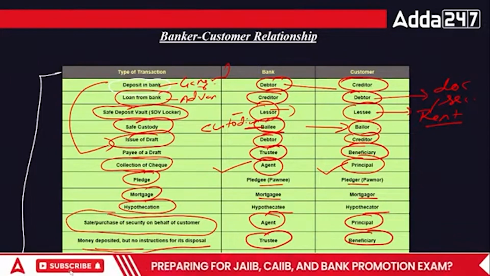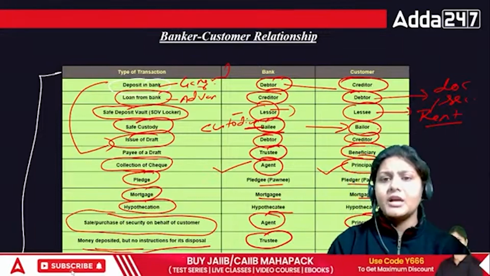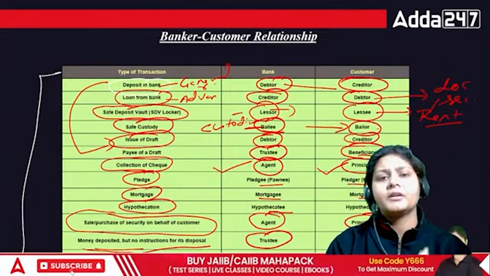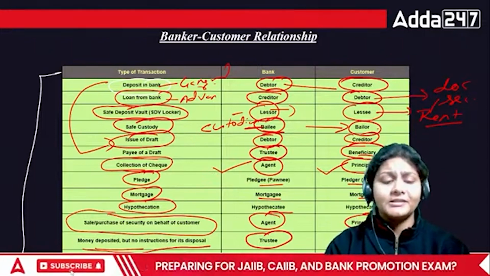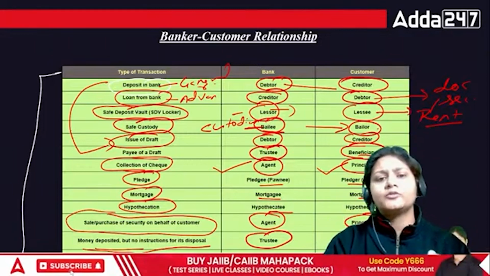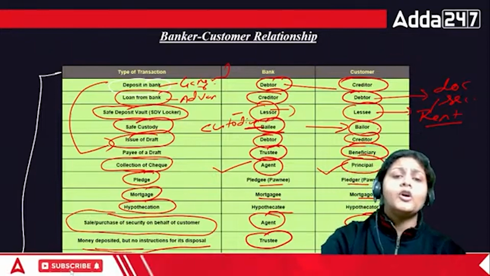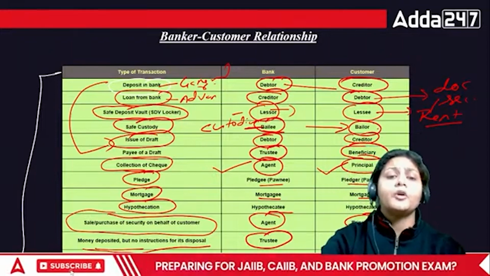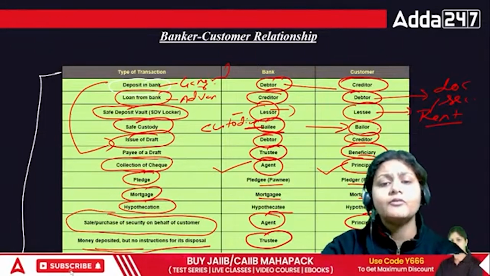This is just the summary of the complete chapter, PPB chapter number 1, banker and customer relationship. This is a very important chapter, and please remember that there are so many relationships, including lessor and lessee, because you are enjoying the property of the bank and paying rent for it in case of a locker.